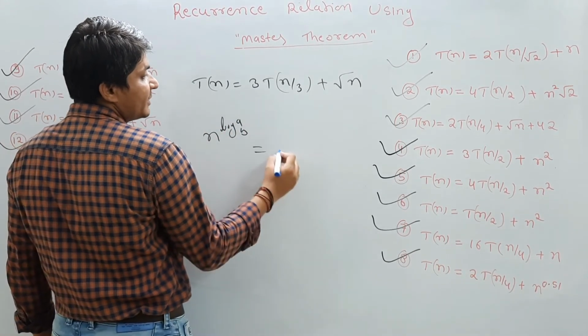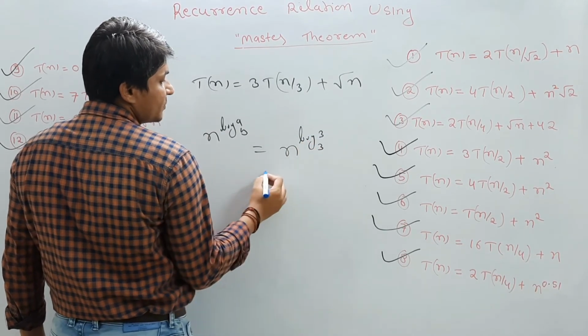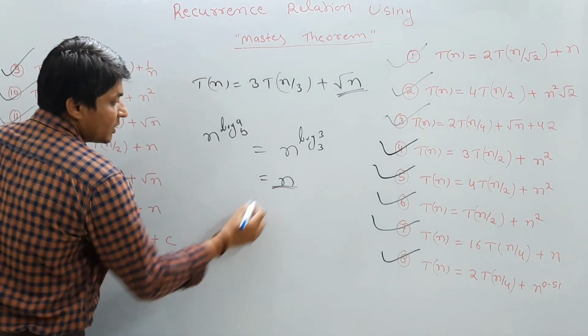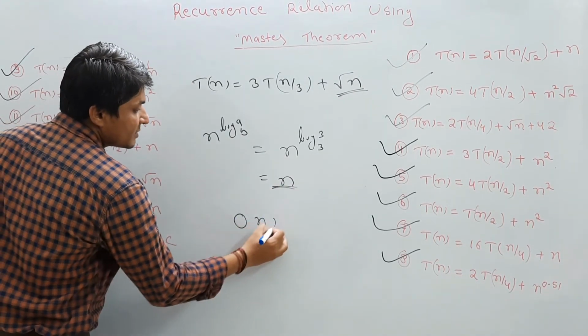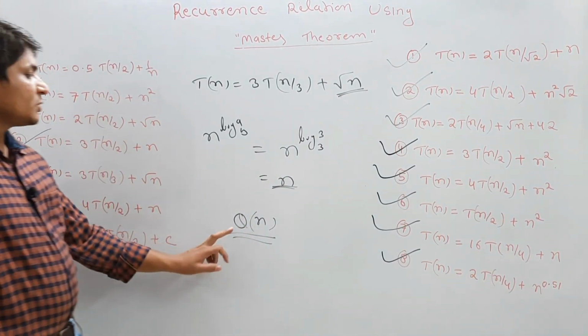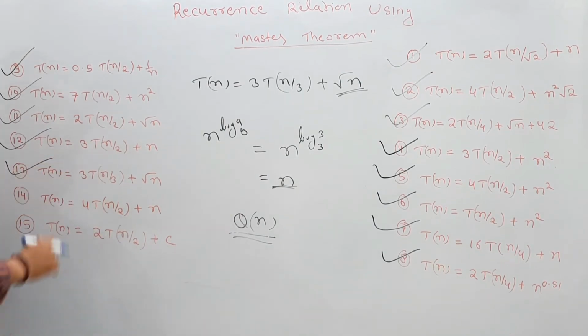So it will be nothing but n raised to power log 3 base 3. So it is going to be n, and this is root n. Which one is greater? Obviously, this one is greater. So time complexity in this case, order of n. Correct? Theta of n. So time complexity is theta of n in this case. Okay. So let us solve the next example.